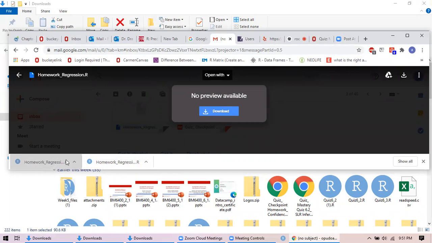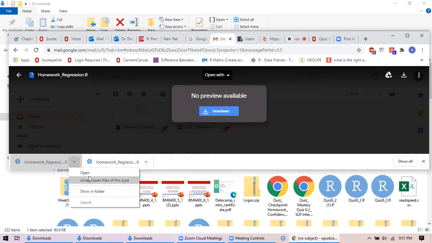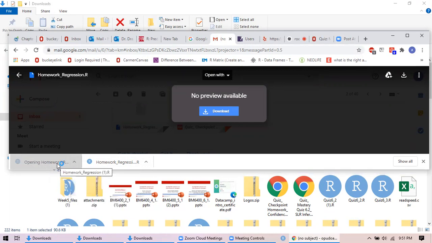Where did it go? Oh, I thought it was opening up. Try double clicking it. Okay, let's see. Maybe it's just taking a while.